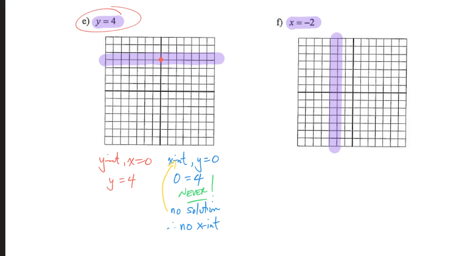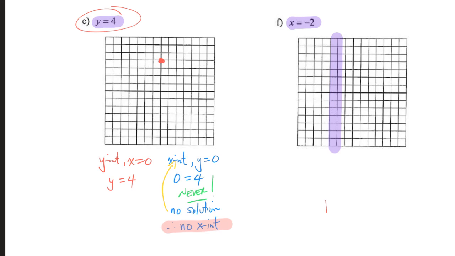So if I was to ask you to draw a line that goes through a y-intercept at 4 that has no x-intercept, will never cross the x-axis, then I'm hoping that we can look at that and we can say, well, then our line has to be parallel with the x-axis. The only time that my line will never hit the x-axis is if it's parallel to it.